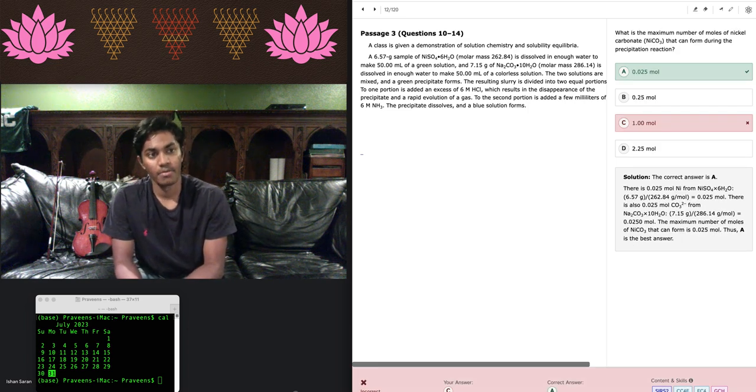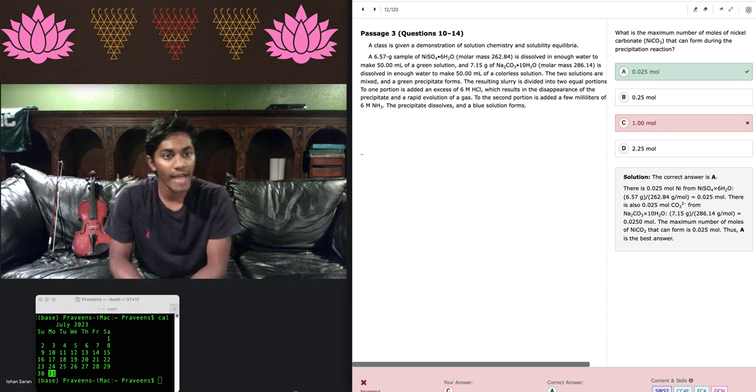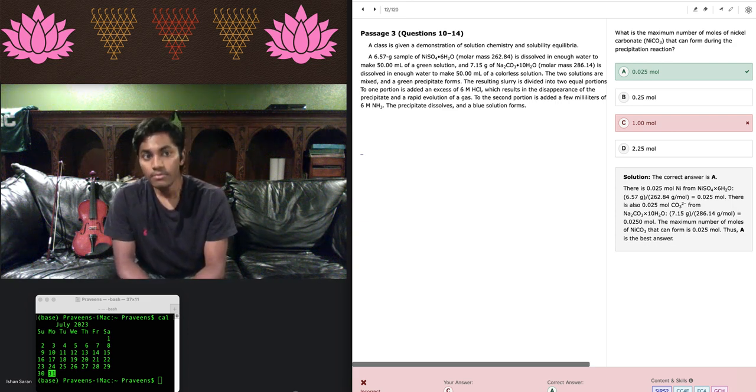What is the maximum number of moles of nickel carbonate that can form during the precipitate reaction? So what is the rate limiting compound here?